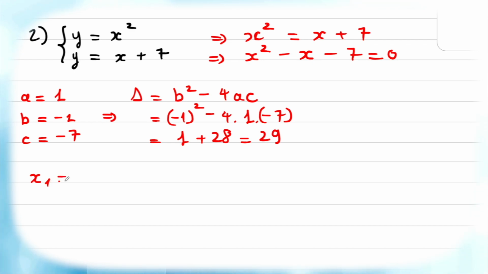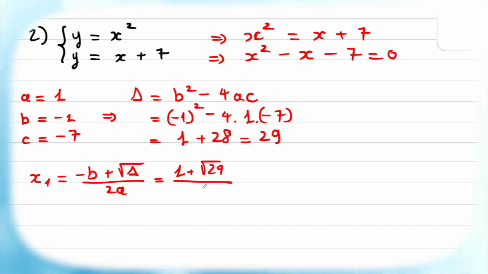So x1 will be minus b plus the square root of the discriminant, divided by 2a. That means 1 plus square root of 29, over 2 times 1. So the answer is square root of 29 plus 1, divided by 2, so we get 3.19.